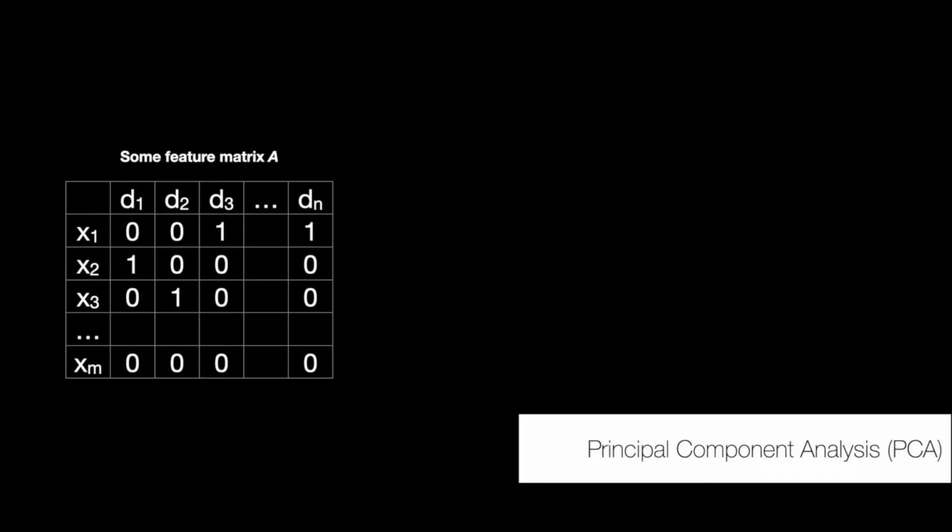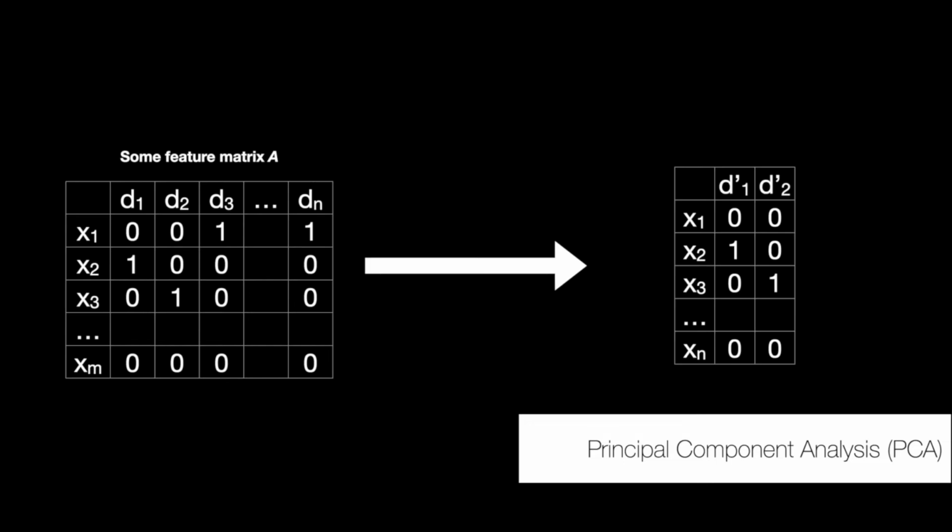So PCA is one example of this, where you take some large feature matrix with many documents across n dimensions. So in this matrix we have x1 to xm different documents, and we have d1 to dn different features. And with PCA, what you do is you break down this feature matrix into a set of components, so principal components, where your first principal component, or the first column in this new feature matrix, represents the axis of most variance.